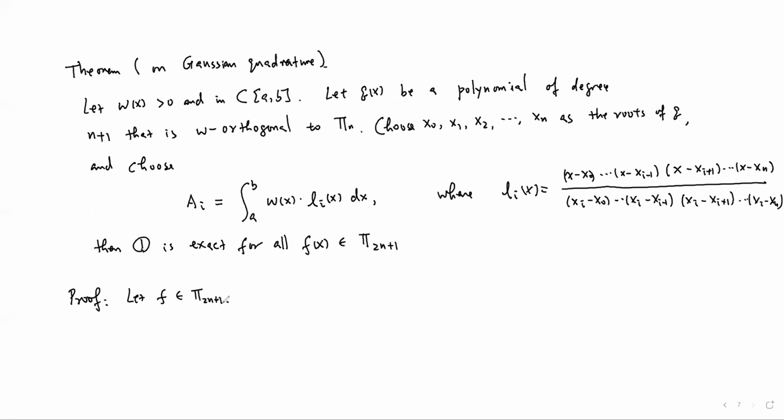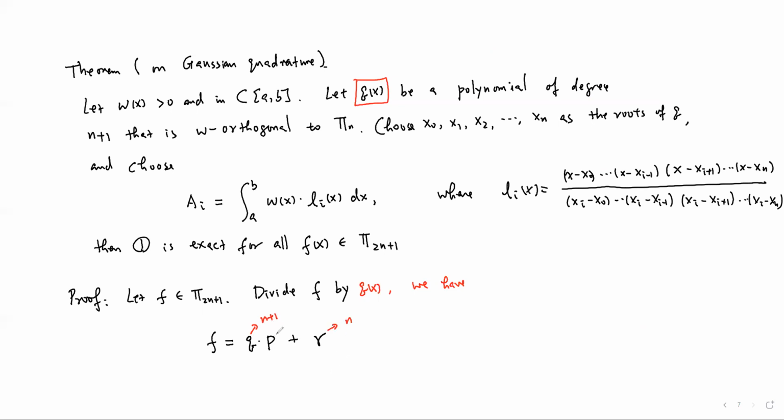Then divide this polynomial by Q. We have f equal to Q times P, where P is the quotient, also a polynomial, plus the remainder R. Q has degree n plus 1, so the remainder degree cannot be greater than or equal to n plus 1, so R has degree at most n.